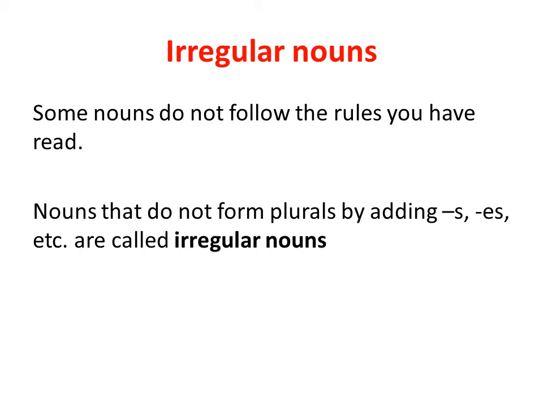But there are some nouns which do not follow these rules, and these nouns are called irregular nouns. Now see what I have written. Some nouns do not follow the rules you have read. Nouns that do not form plurals by adding S, ES or IES are called irregular nouns.